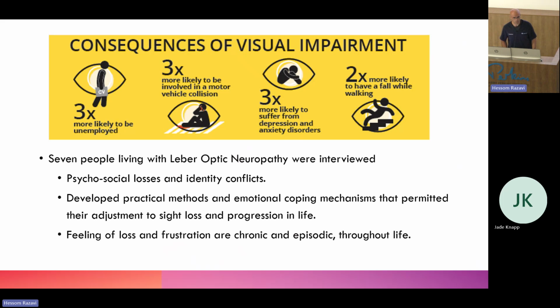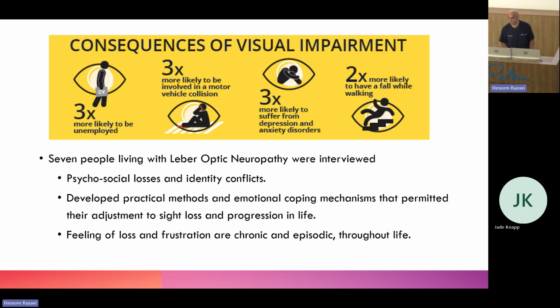So here's a study that looked at people with inherited optic neuropathy where they get bilateral vision loss. It happens quite rapidly and it happens at quite a young age. So they can really describe the experience of going from having vision to not having vision. As I said, it's a psychosocial sort of loss experience.